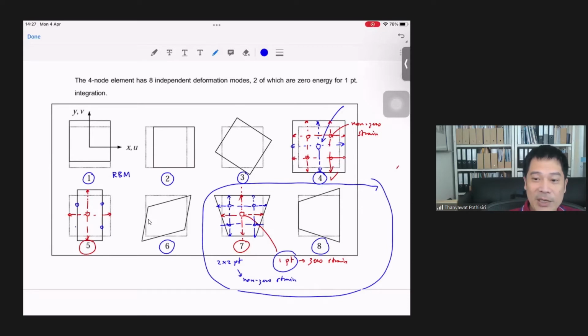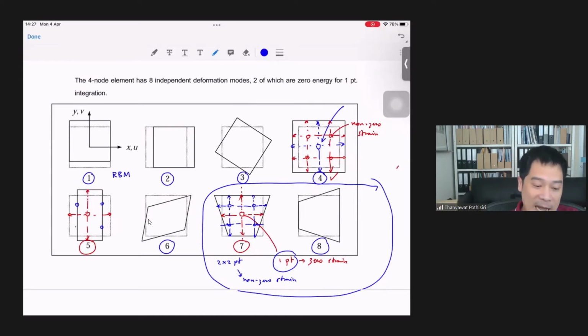Which essentially should not be 0 because you can see that the strains are non-zero, right? And you see some deformation going on. So the total strain shouldn't be 0. But if you use a 1-point rule, the strain would appear to be 0, as well as the strain energy.